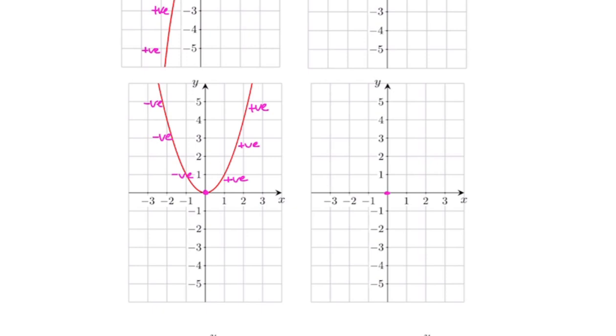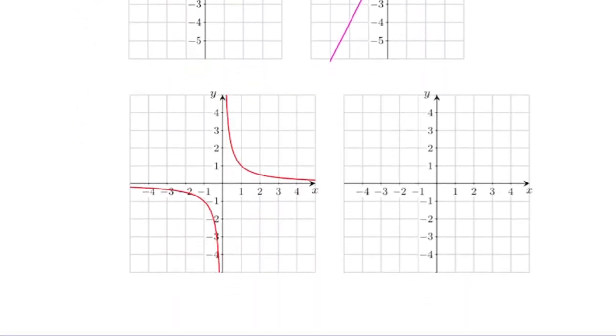So the positive side is going to look like this, and the negative side will look like this. Okay, so you can see it matches up. And again, this is a quadratic, and this is linear, and that goes when you differentiate.